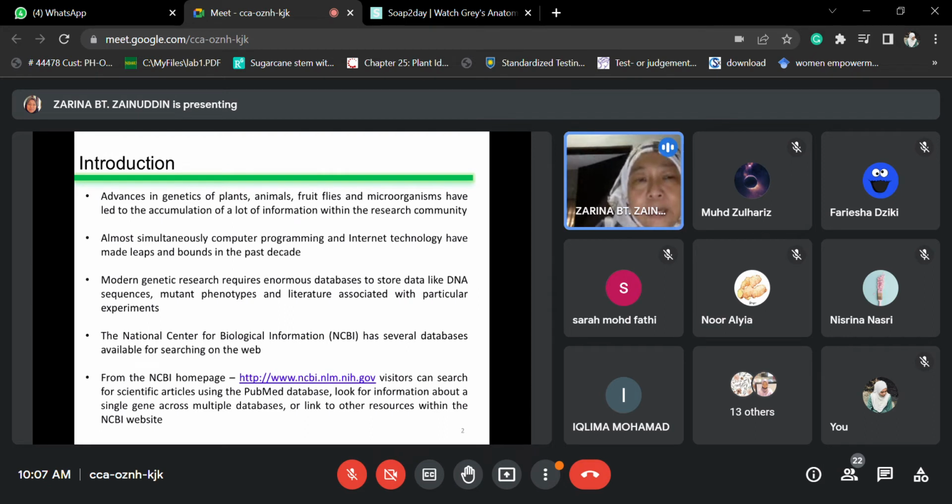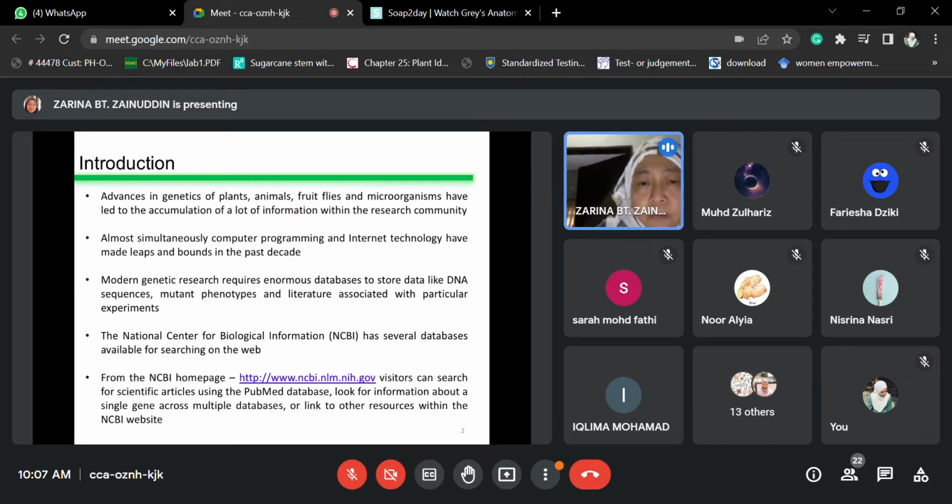With particular experiments. So one of the important databases we call NCBI, which is the National Center for Biotechnology Information. This NCBI contains several databases that you can use to check DNA sequences, RNA sequences, and papers.